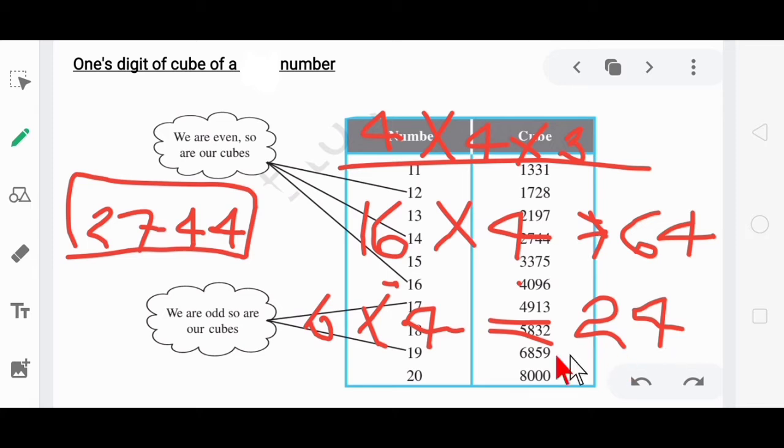If you are given a number and you have to find the ones digit of the cube of the number, then pick the ones digit of the number and multiply this number 3 times. And in the multiplication of these numbers, the ones digit you will get, that will be the ones digit of the cube of the number.